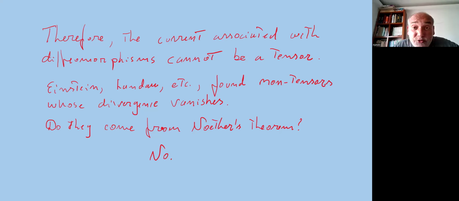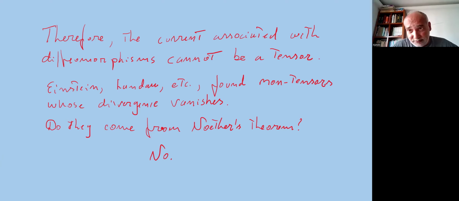Okay, now I'm almost finishing. Here I'm mentioning this thing that Professor Orfeo said: the current associated with the diffeomorphisms cannot be a tensor. Einstein, Landau, and other authors, I think this was what Professor Bartolome was saying about Einstein, found non-tensorial quantities whose divergence vanishes within general relativity, and they claimed them to be suitable candidates for the energy momentum tensor.